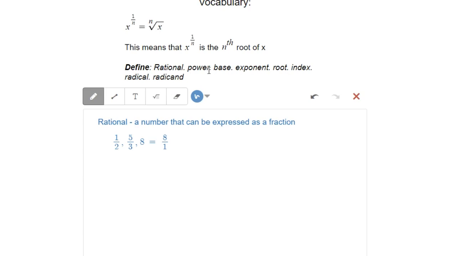We know from the last class that when we talk about power, base, and exponents, this is all talking about the power form. So if I have a power such as a to the power of 1 over n, the entire thing here is called a power.